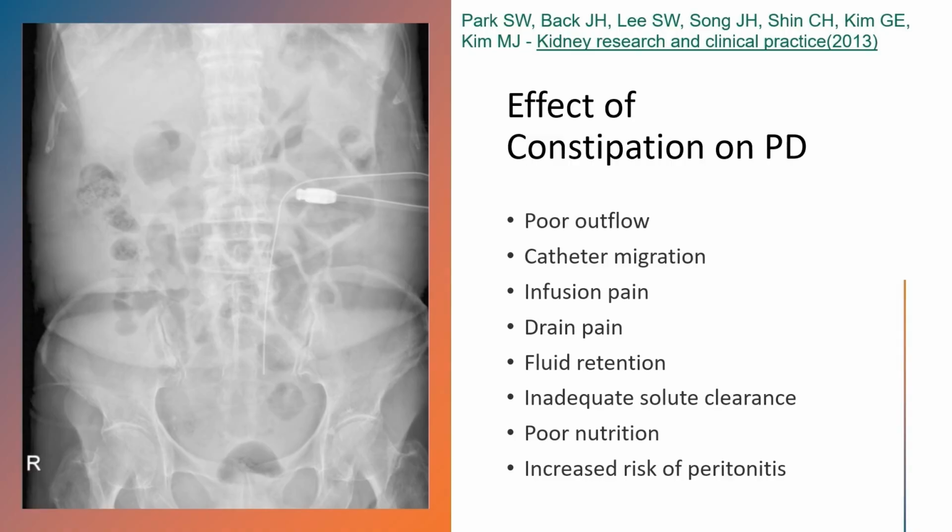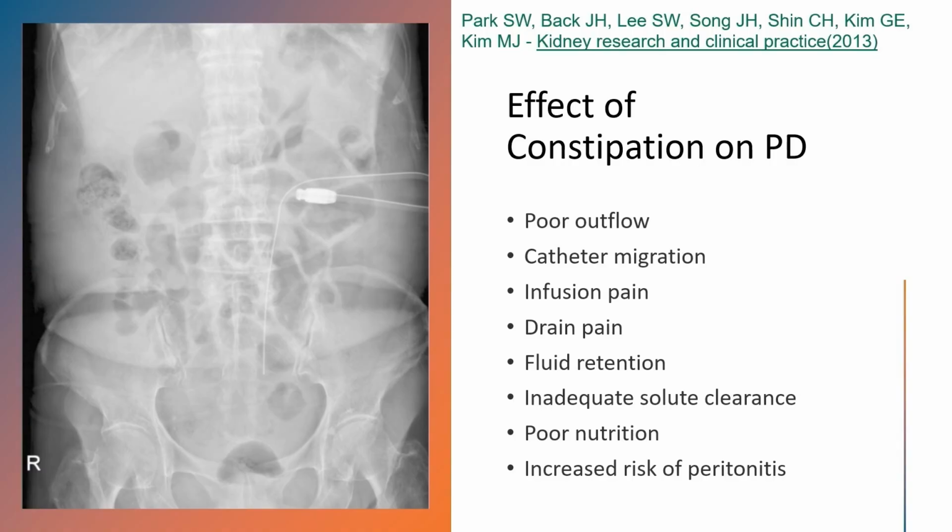And so you need to know if you want to treat it with laxatives or if it needs a surgical consultation. So KUBs are really helpful because you're seeing both the catheter placement and the stool burden. Constipation can increase infusion pain and drain pain in patients on peritoneal dialysis.